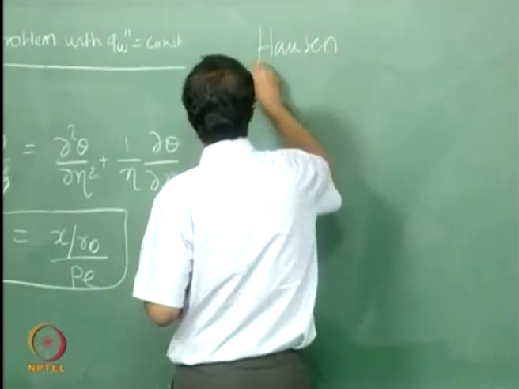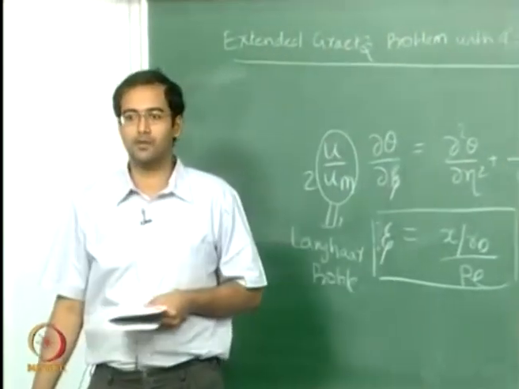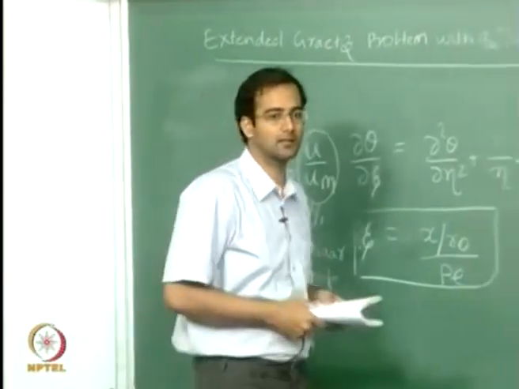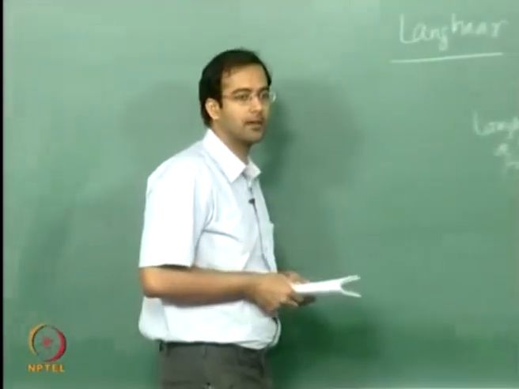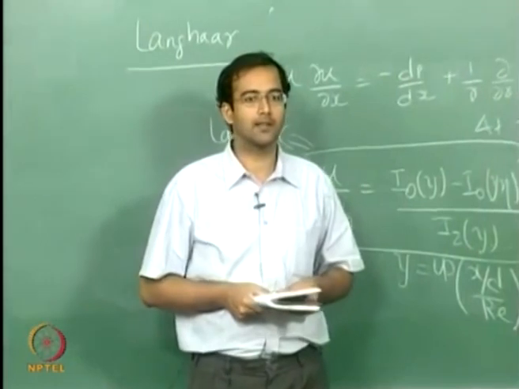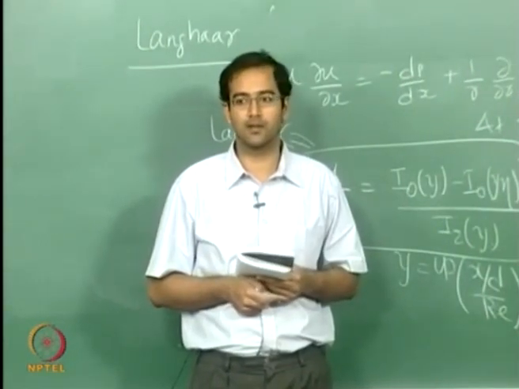As we saw already, wherever there is a very complicated solution in terms of Bessel functions or Sturm-Liouville eigenfunctions, this fellow Hausen was kind enough to do an empirical curve fitting and then give easier solutions in terms of only the Graetz number.